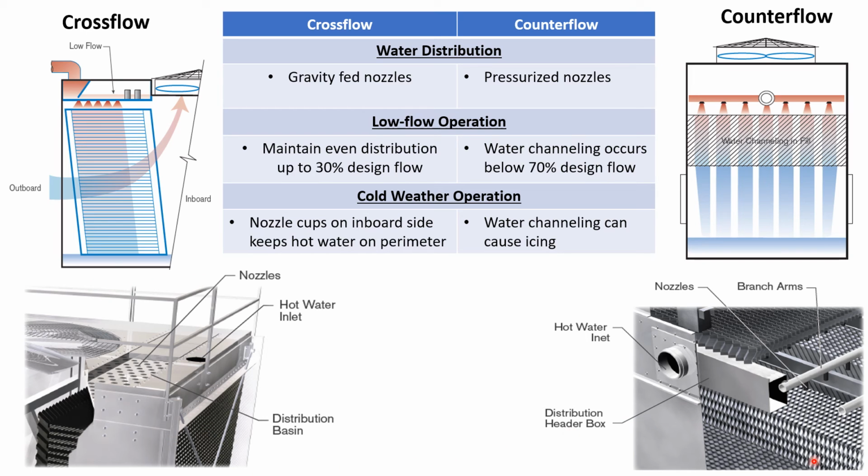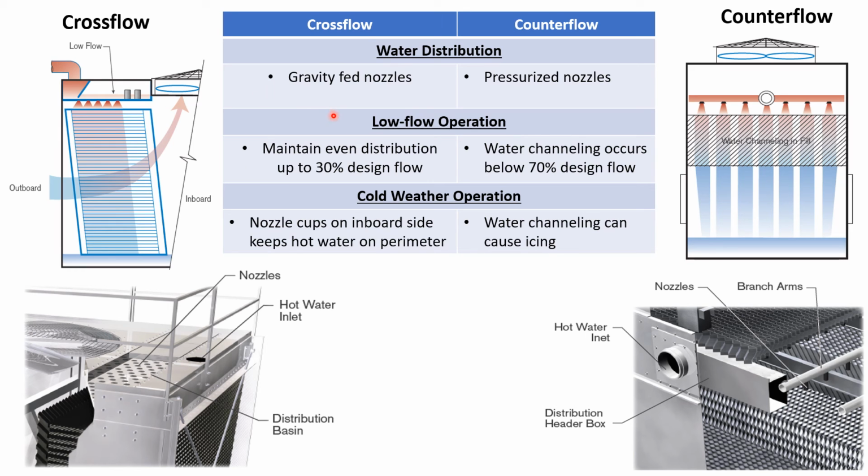Counterflow towers, on the other hand, have to pump water through branch arms and then through pressurized nozzles. This means that the pumps for counterflow towers need much more power, and any issues with power or pressure supply can result in a decrease in the efficiency of the cooling tower overall.